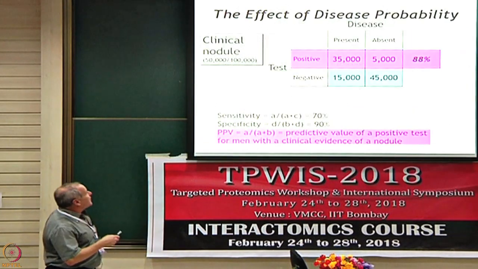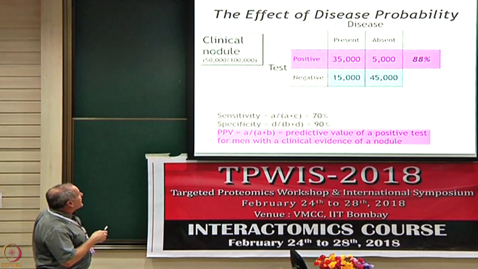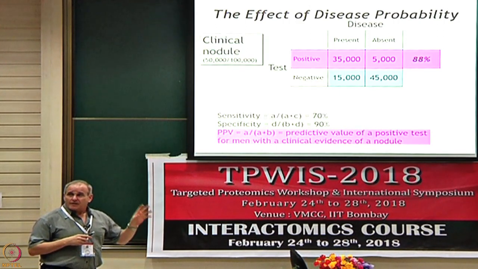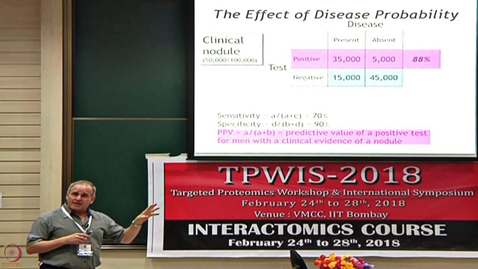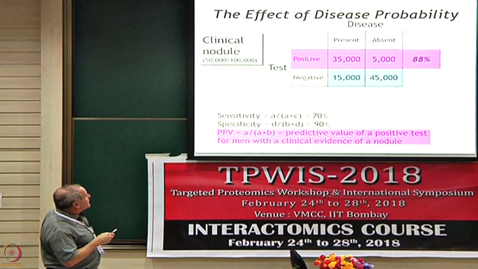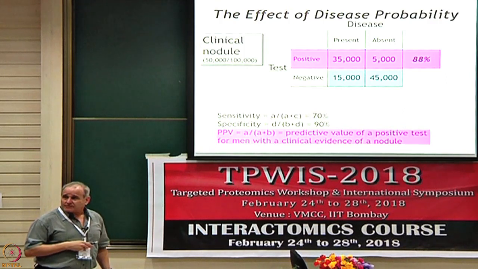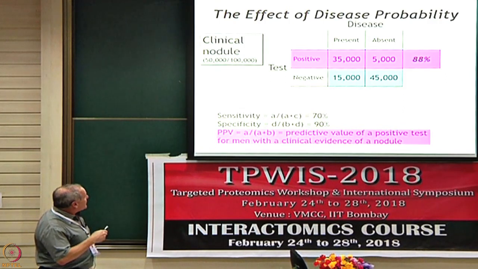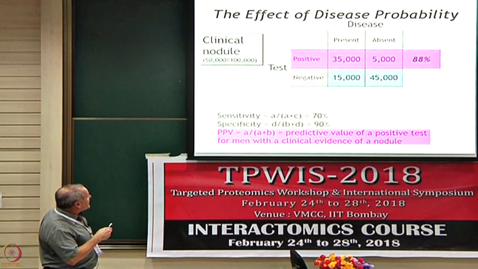In this case, we're looking at the clinical nodule, a 50% likelihood to start that this person has cancer, right? So notice that this number here and that number there add up to 50,000. Remember I said that out of 100,000 men, 50,000 had it.